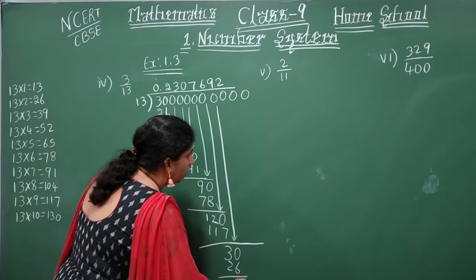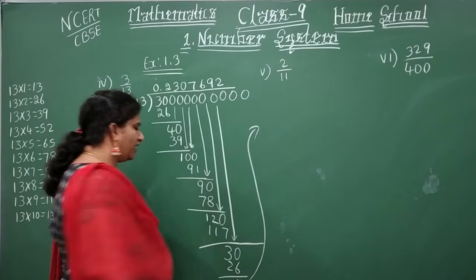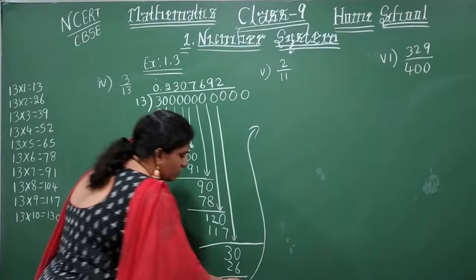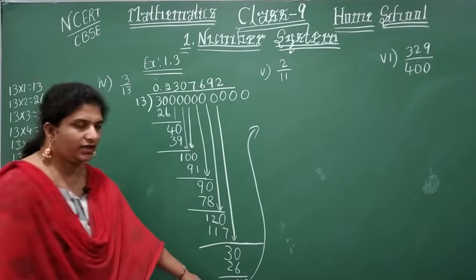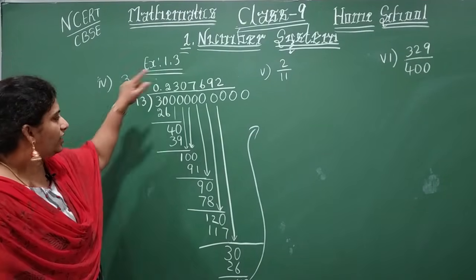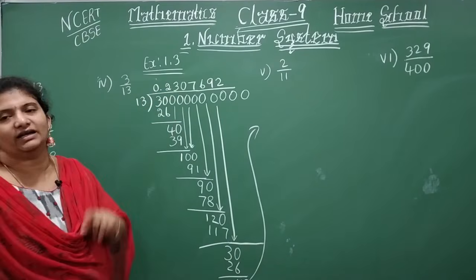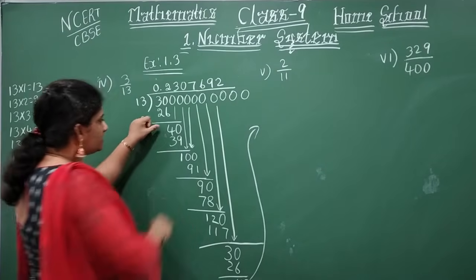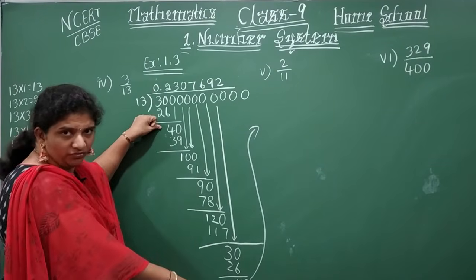Right? Look here. 4 means again if you drag 0, what happens here children? 40. So from where here it continues. That means look here children, from here same division will be continued from there.